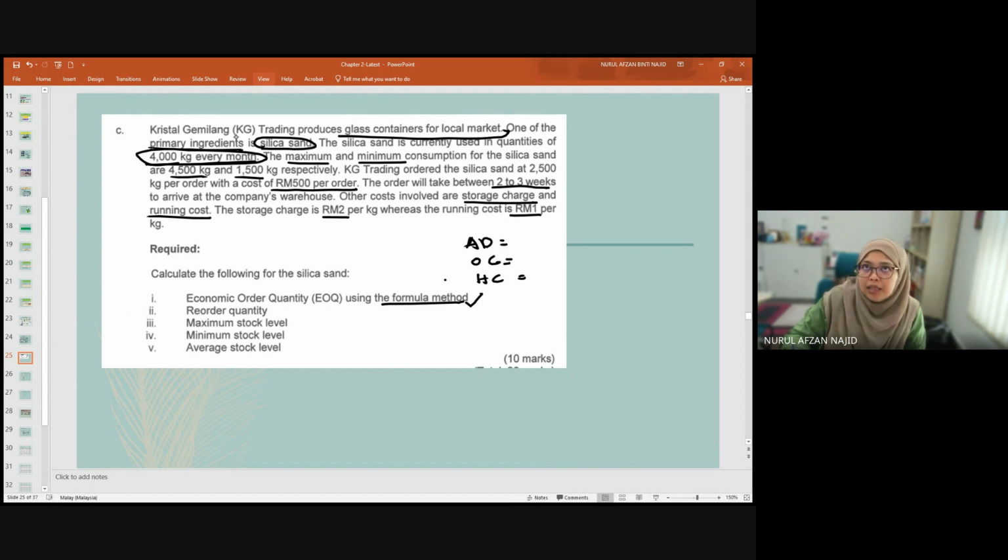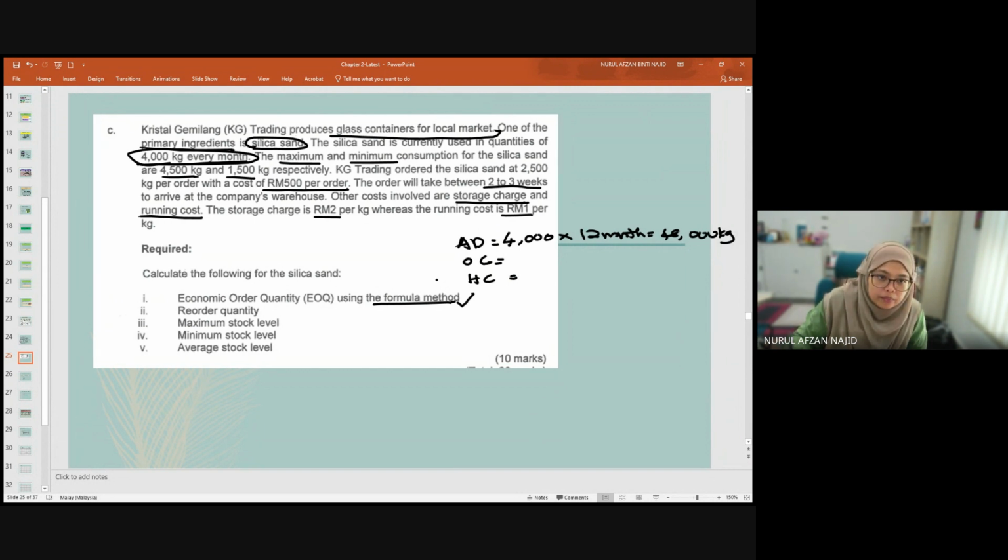Kita tak nak monthly, tak nak daily, tak nak weekly. So you need to convert month to annual. So AD dia bukan 4,000 tetapi 4,000 darab 12 bulan, jadi 48,000 kg untuk annual demand dia.